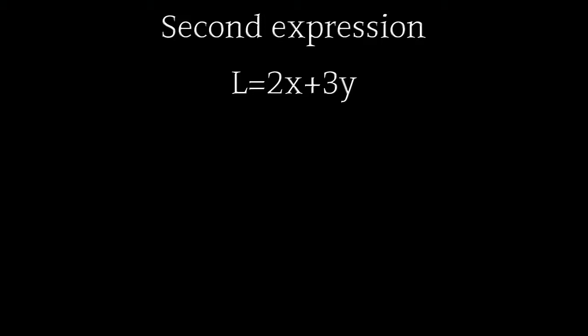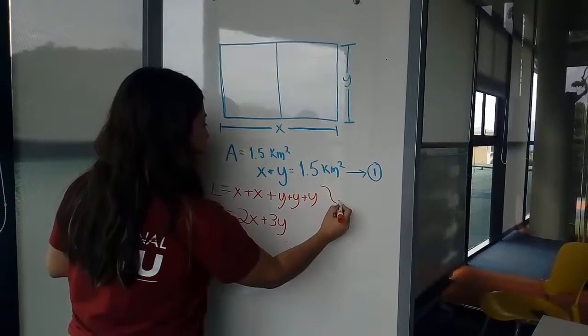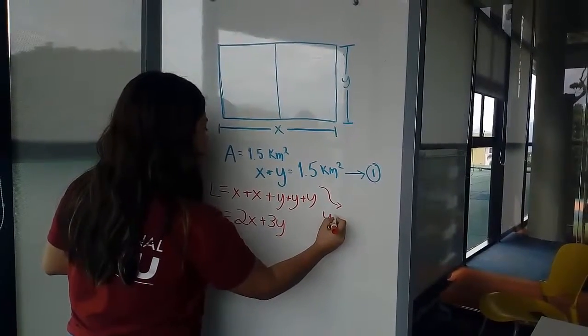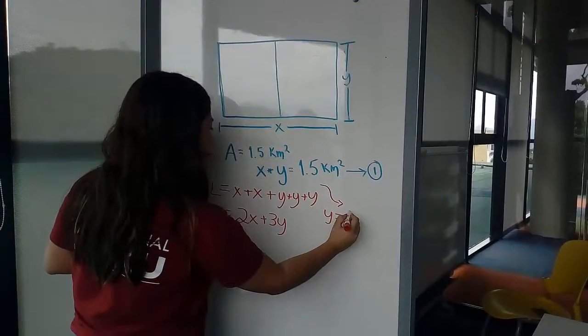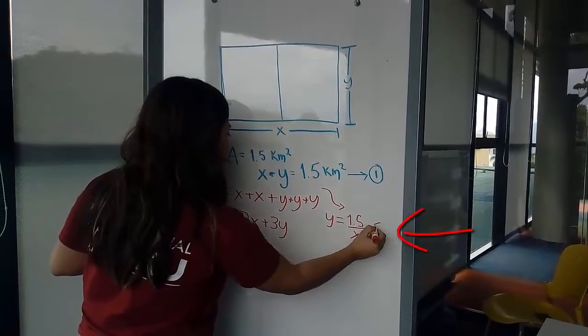The problem is that L depends on two different variables, x and y. As L must depend on only one variable, we can use the expression x times y equals 1.5 square kilometers, isolating one of them. For example, isolating y: y is equal to 1.5 square kilometers divided by x, our third expression.